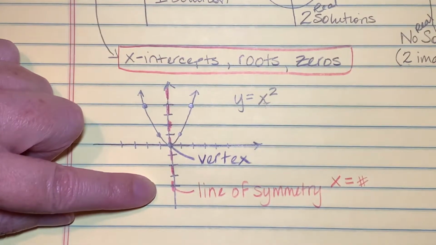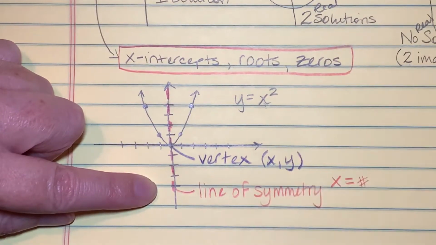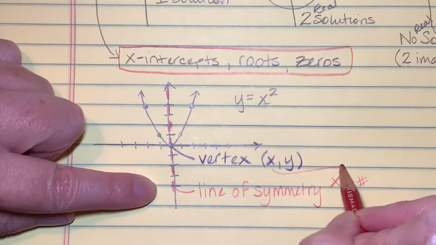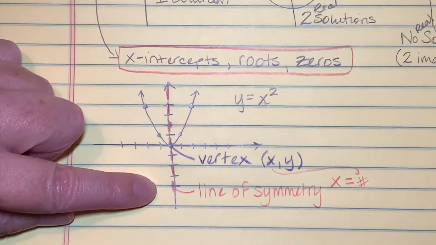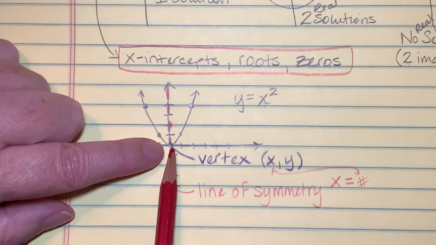right? That is the equation for that. And a vertex is always x comma y. Now, the number is always this x value, right? So whatever that x value happens to be, in this case it's 0.